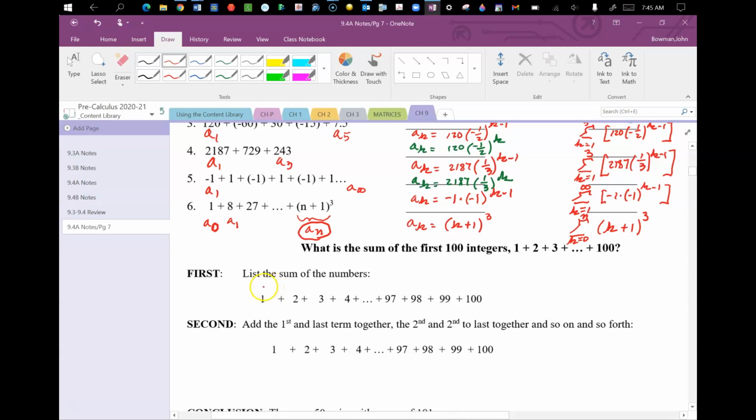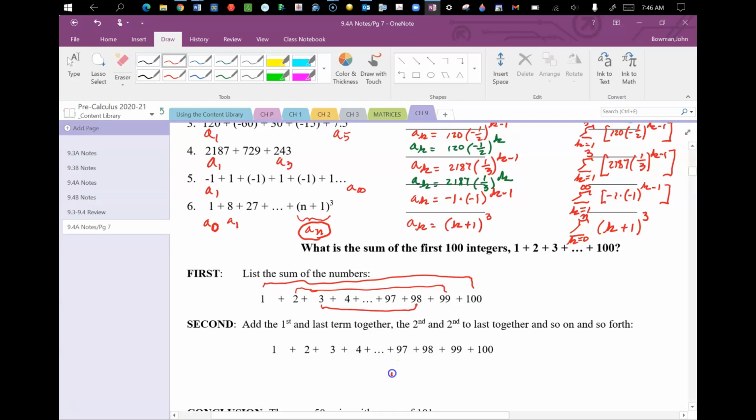Gauss recognized that if you were to take the first and the last term, they add up to 101. If you were to take the second and the second to last term, they also add up to 101. If you were to continue doing that, the pairs would add up to 101. And eventually, what you got was 50 pairs with a sum of 101.